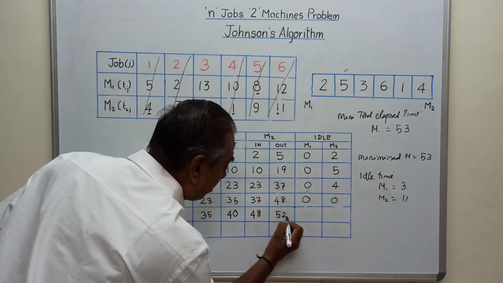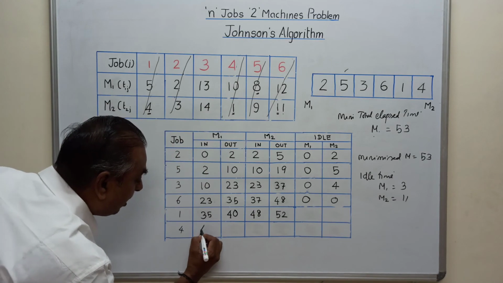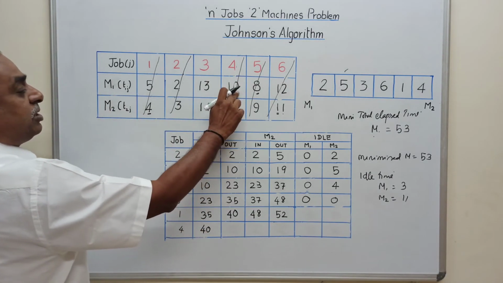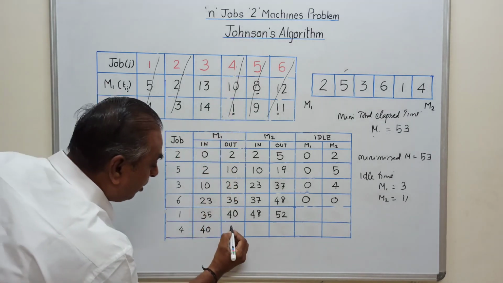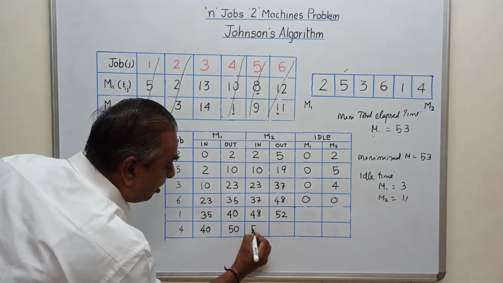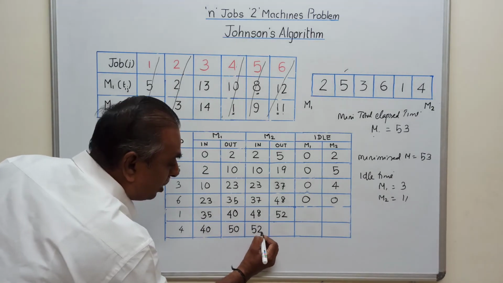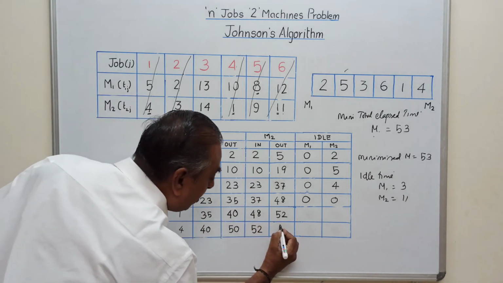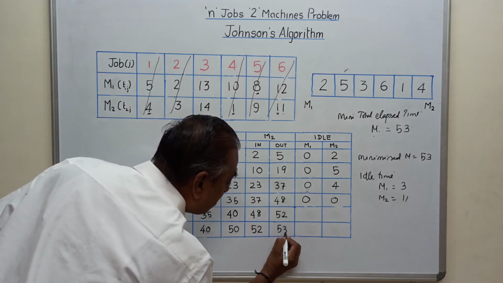Now the fourth job enters the machine at 40 hours. The fourth job has a processing time of 10, so it will be coming out from machine M1 at 50 hours, and it can enter machine M2 at 52 hours only. Since it has a processing time of 1, it will be coming out at 53 hours.